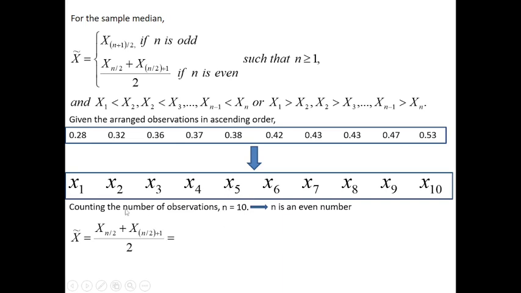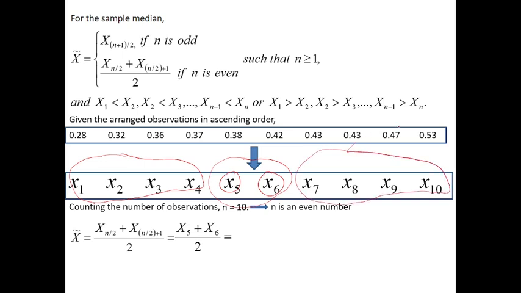And if we consider this, that is x sub 5, since 10 over 2 is 5, and 10 over 2 plus 1 is 6. So we will add x sub 5 and x sub 6. They are at the center. These are the values lower than x sub 5, these are the values higher than x sub 6, and this is the center.